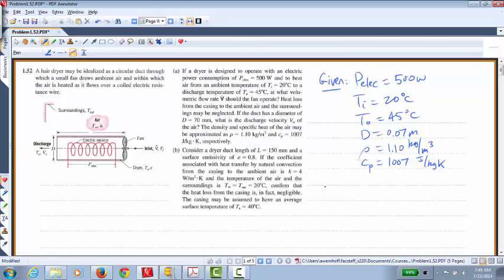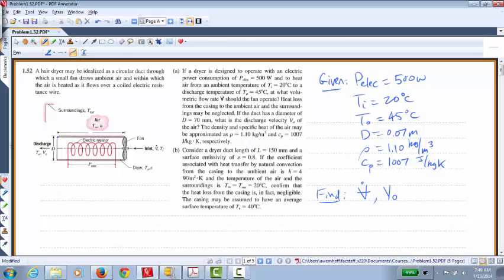So the two things that they want you to find in part A of this problem are the V dot, the flow rate, as well as the discharge velocity, V O. So what you would do then is draw a diagram that pertains to the system, which we already have over here on the left.